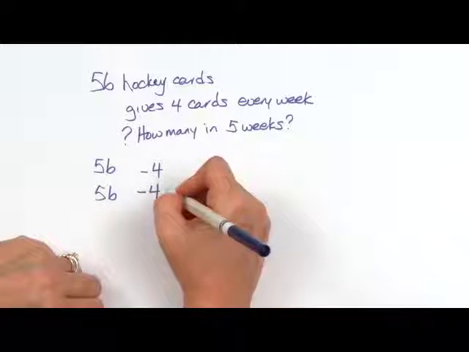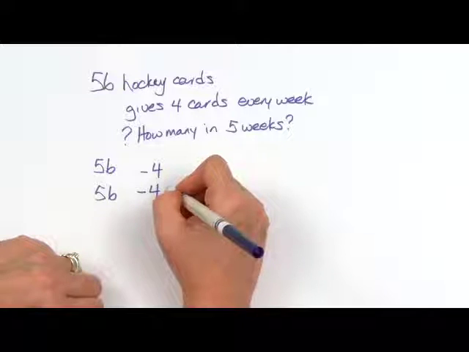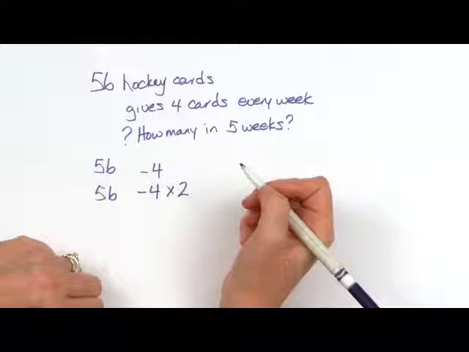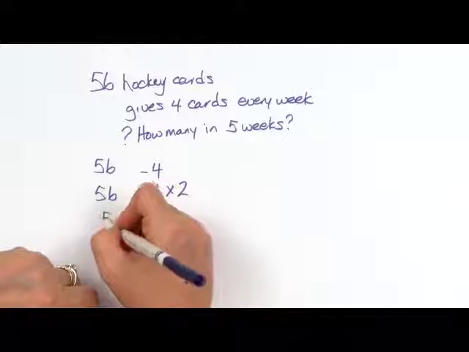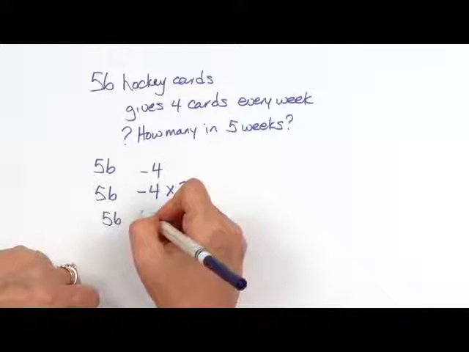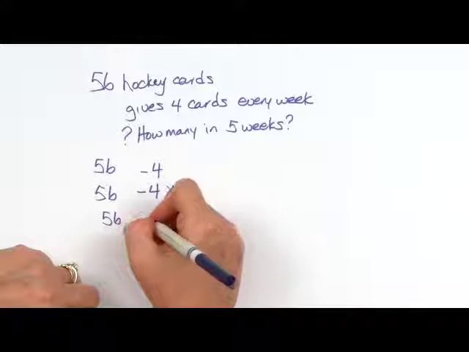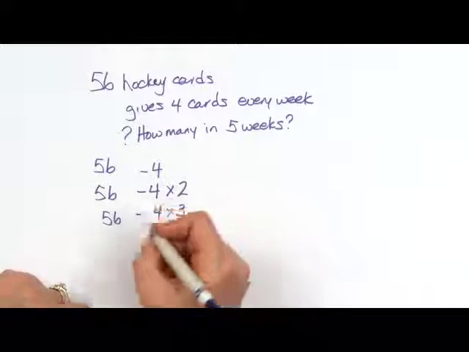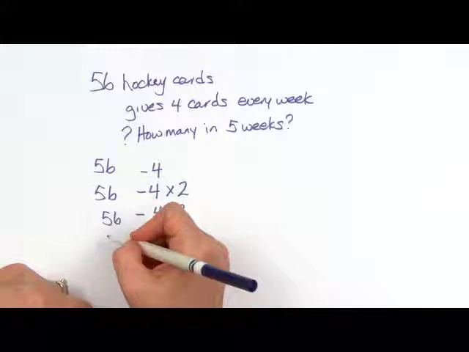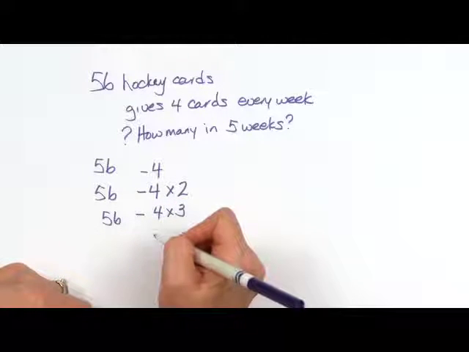So we're really subtracting 2 weeks' worth of cards. So 4 times 2. Then the next week, 56, subtract 4 times 3. And so on until we get to 5 weeks.